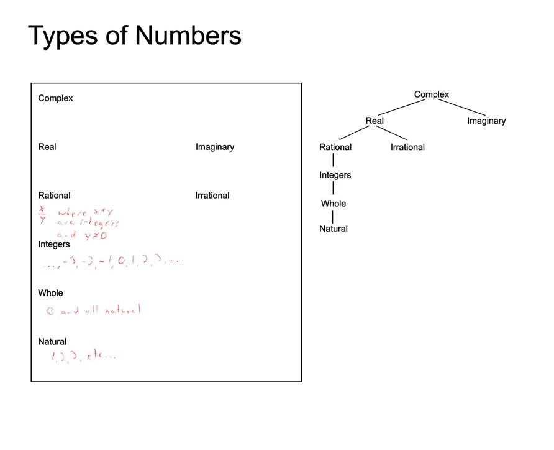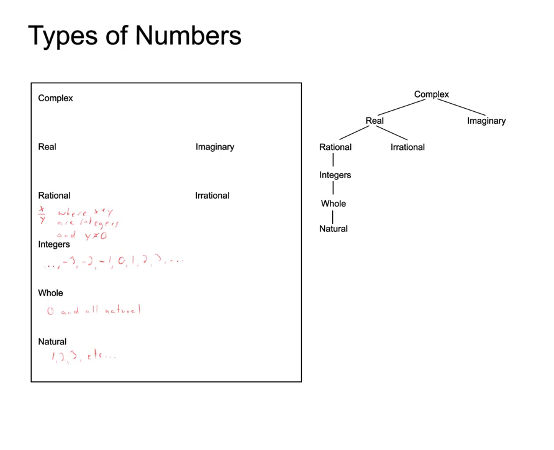The rational numbers include the integers, whole, and natural numbers because you can write any of those numbers as a fraction. So the number 2, for example, you can write that as a fraction of two integers written as 2 over 1 or 4 over 2. So those all fit into that rational category as well.